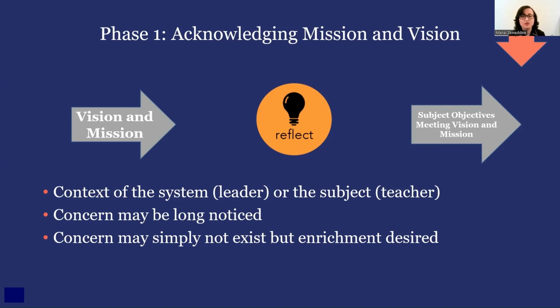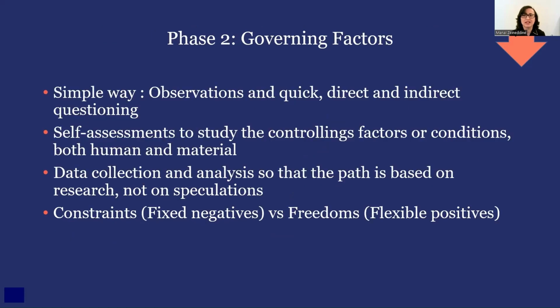So there is no solution yet, or at least it's still difficult to decipher all those small, tiny parts. So that's why it takes more time. The concern may simply not exist, but the enrichment is desired. So probably there is no problem in the school or the system or the class, but there is a desire for enrichment and advancement.